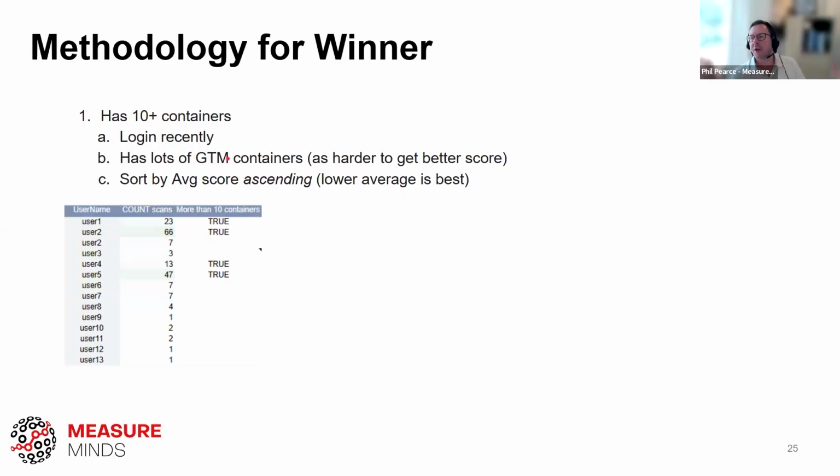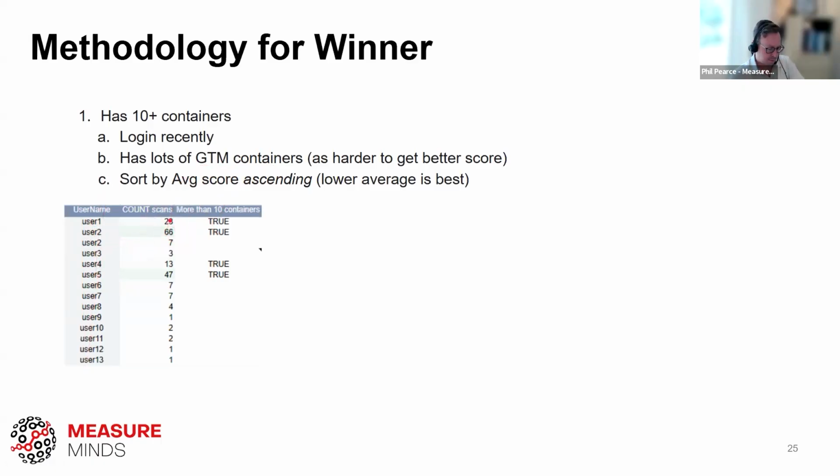If you've got 100 accounts, you've got to clean up 100 accounts. If you've only got 20 accounts, then less work to do. And also we've sorted by mean average, i.e. ascending, where zero is better and minus 339 is bad or worse. So that's the criteria. You can see on here, this is the anonymous users.